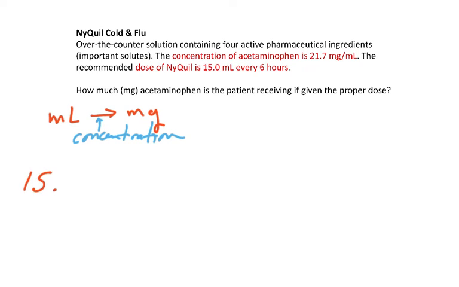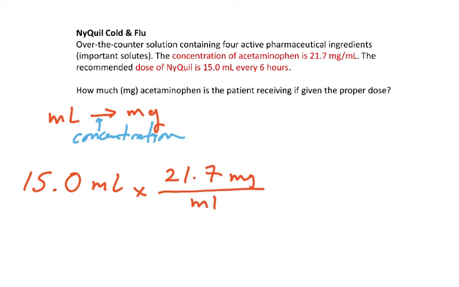We can start with the known quantity or the prescribed amount, which is 15 milliliters times 21.7 milligrams per milliliter of solution, remember? And we see milliliters cancels out. We're left with milligrams.